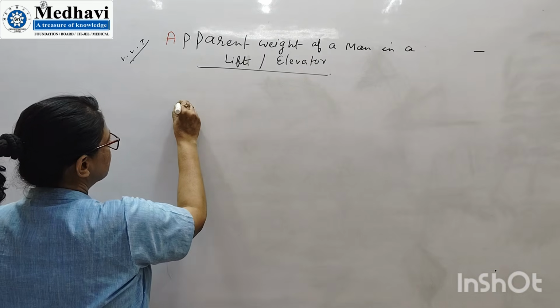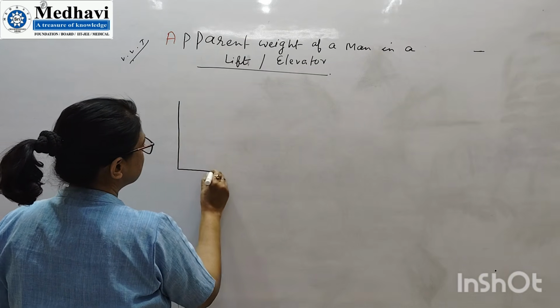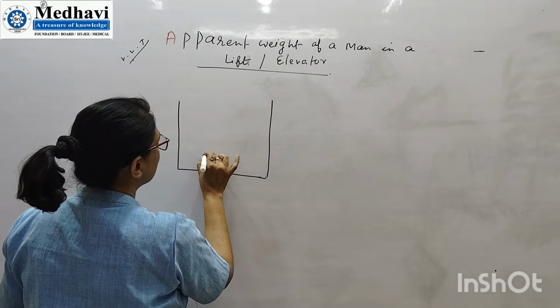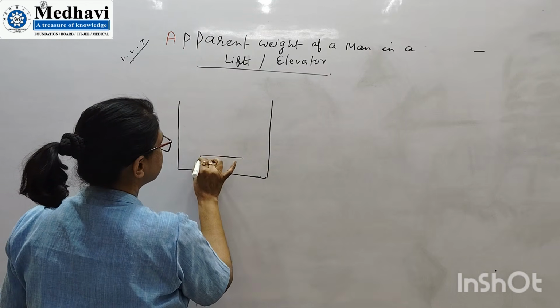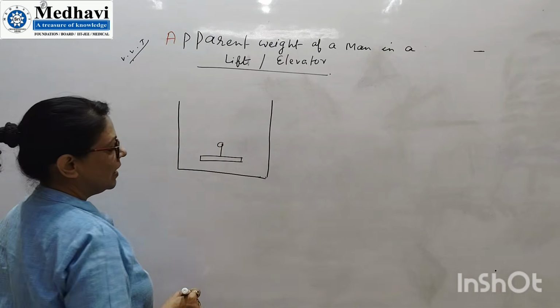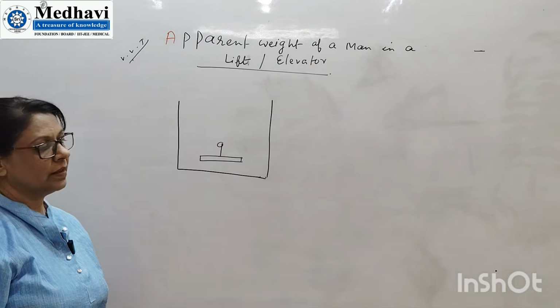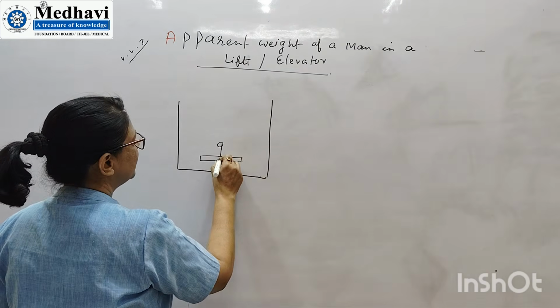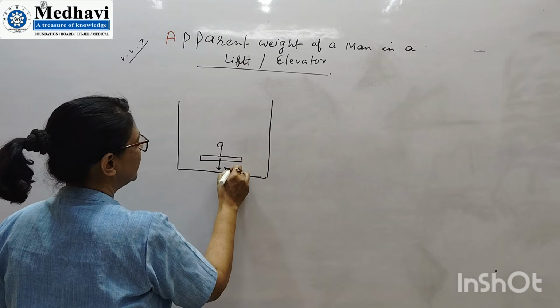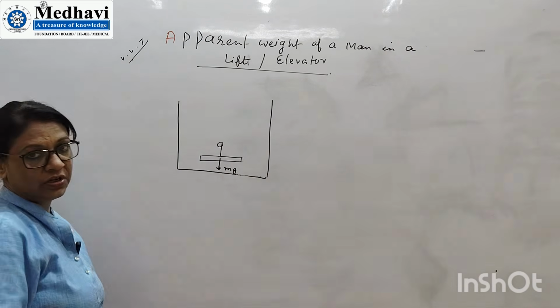So suppose a person is standing on a weighing machine and m is the mass of the person. So we know that the weight of the person is mg.